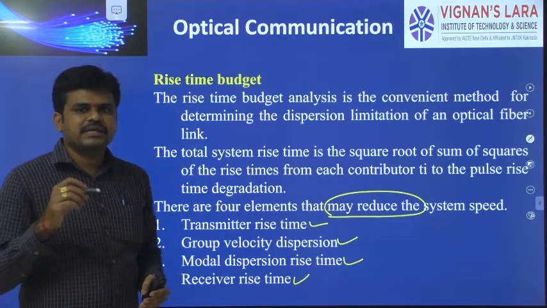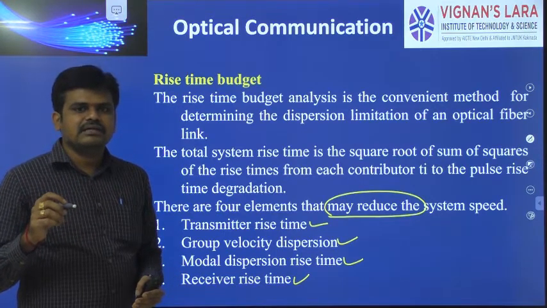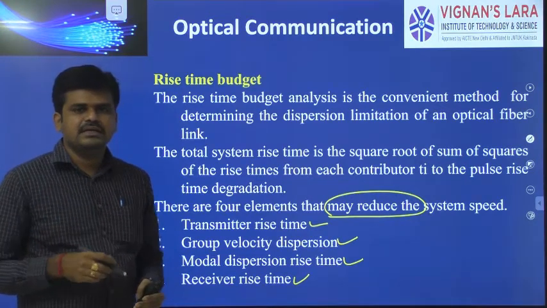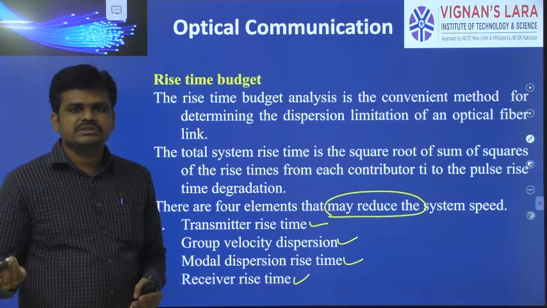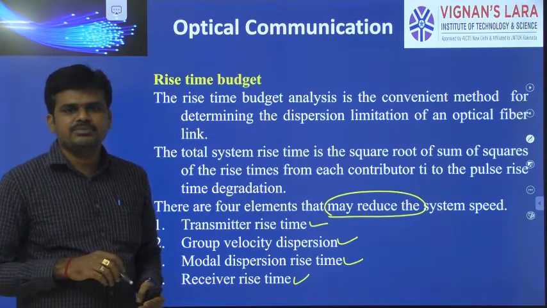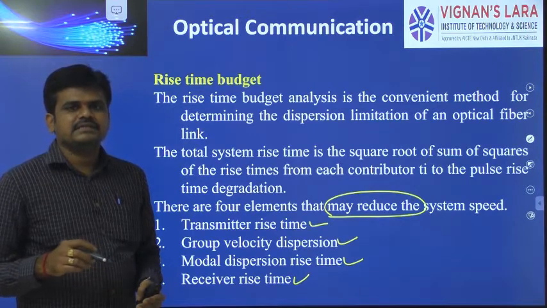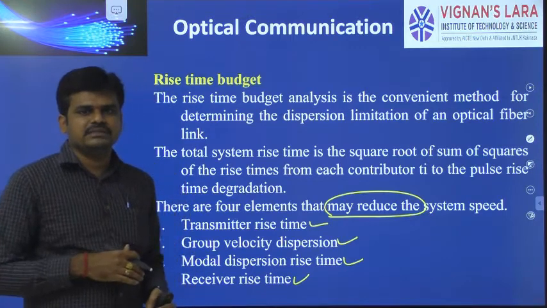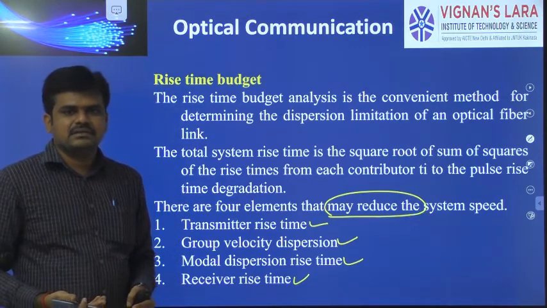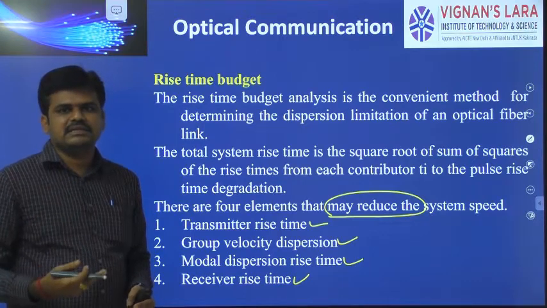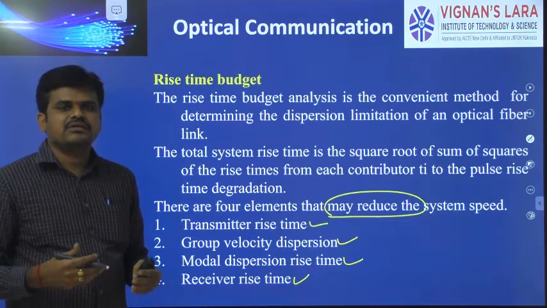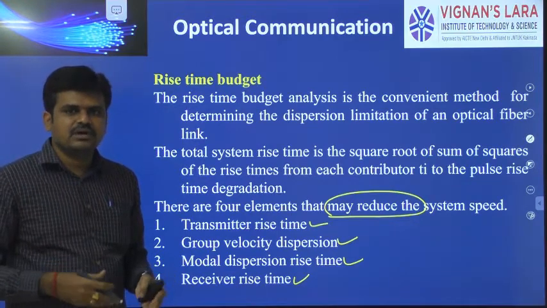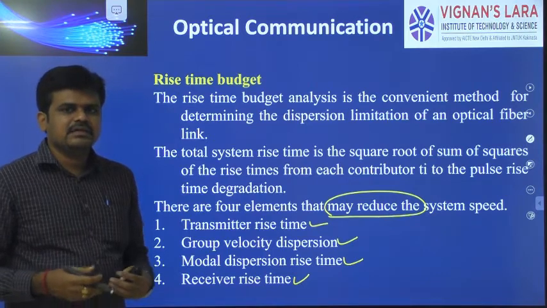When the input signal is applied to the light source, the light source should, within a very short time, for example less than 1 nanosecond, produce light proportional to the applied input voltage. If it is taking much time and not responding to the applied voltage, due to semiconductor crystal defects, or poor quantum efficiency inside the laser diode, where the optical source means laser diode or LED, then what happens?